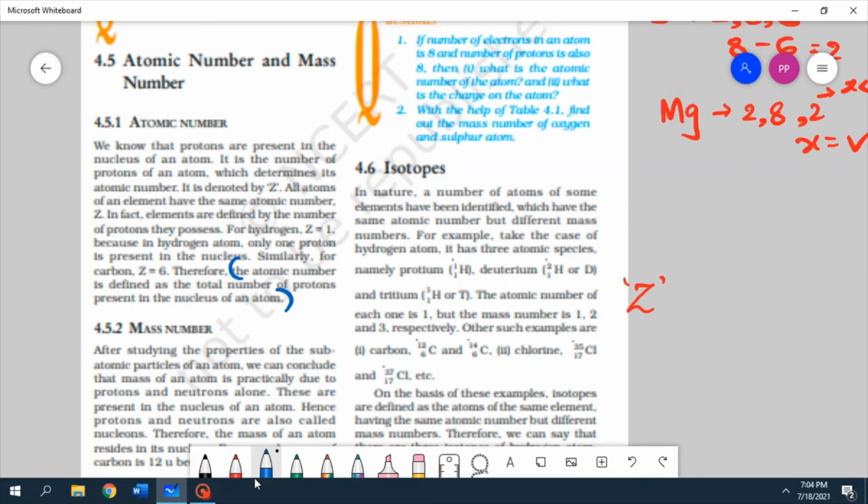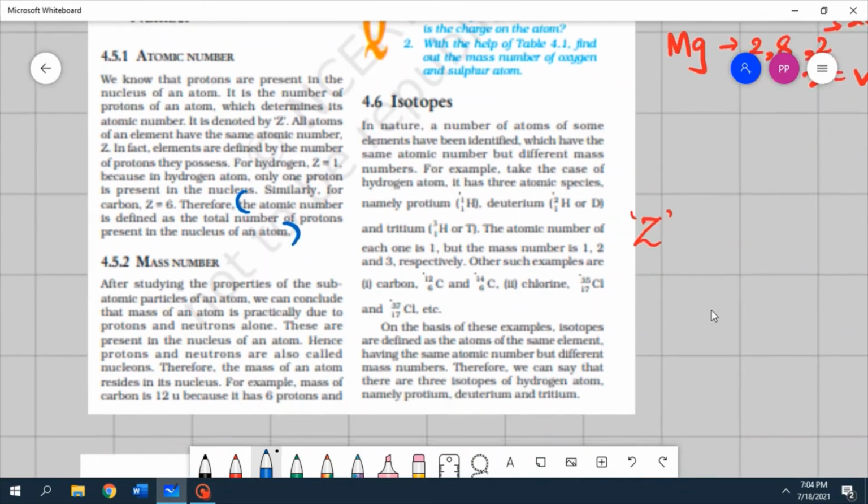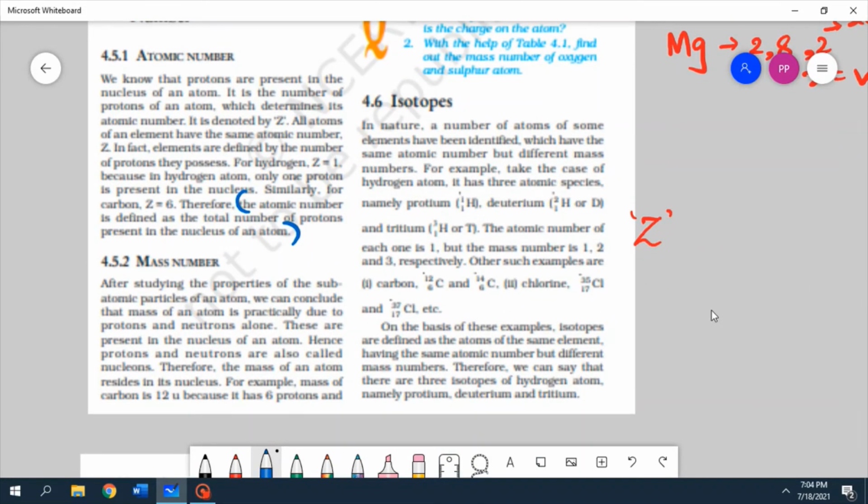And then we have mass number. After studying the properties of the subatomic particles of an atom, we can conclude that the mass of an atom is practically due to protons and neutrons alone. So it's only because of protons and neutrons; electrons have no role to play in mass number. Okay, since these are present in the nucleus of an atom, they are called nucleons, like I said before.